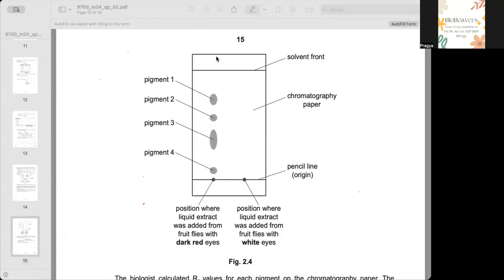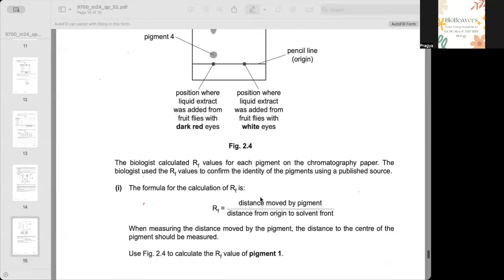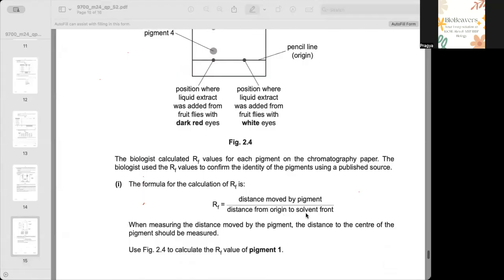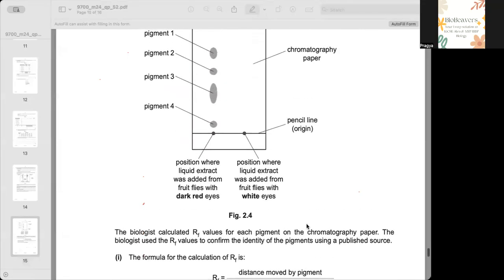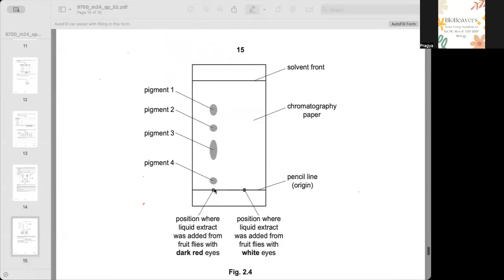So the distance moved by the pigment, that's my pigment 1, and the distance from origin to the solvent front. Please make sure the solvent front, as you can see, is right there on the top. So how much distance is there?